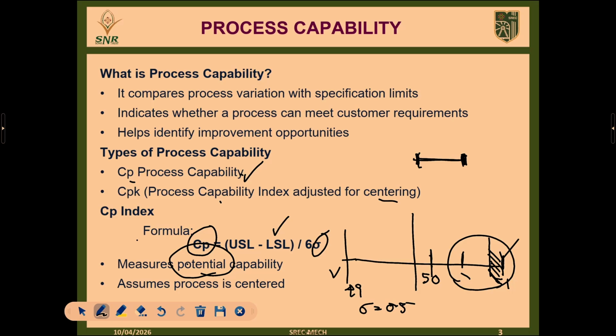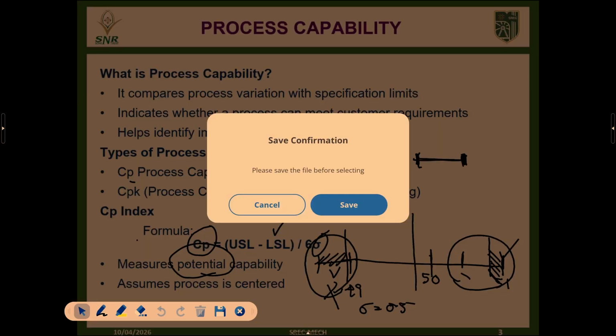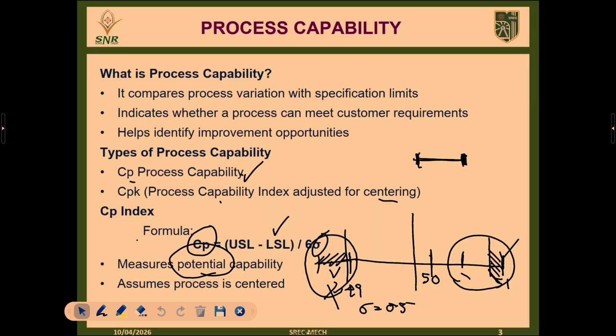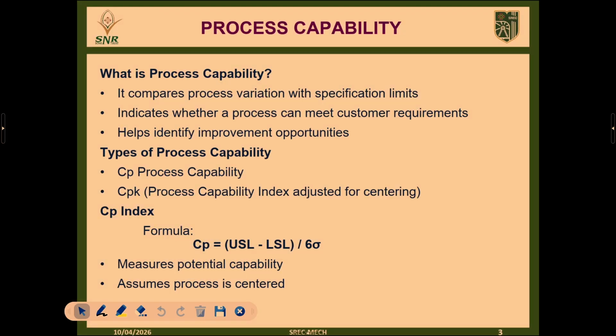Similarly, on the lower side, if the process is shifted, there is a possibility for the deviation. Suppose if the component is deviated, the component will be rejected here. If the component is moving towards this, the component will be subjected to rework. So these difficulties are there.